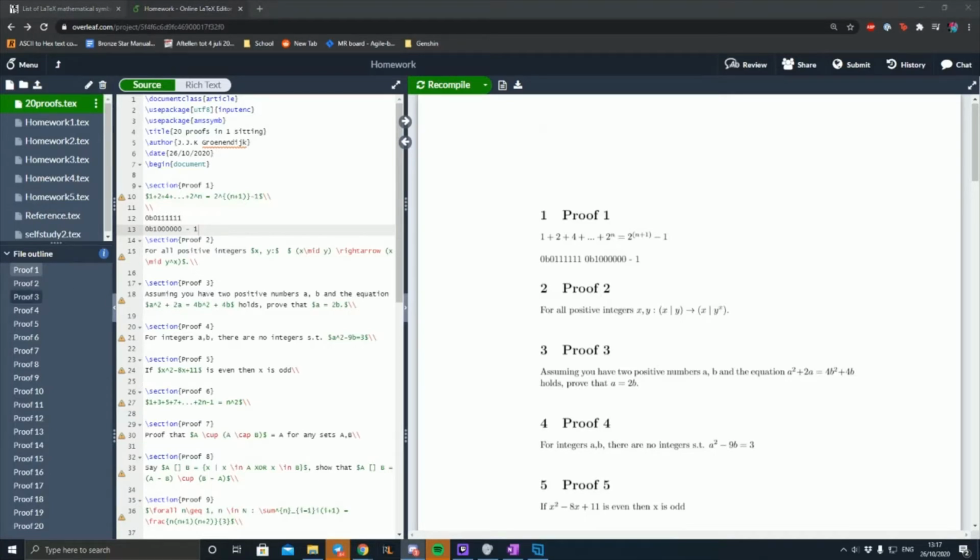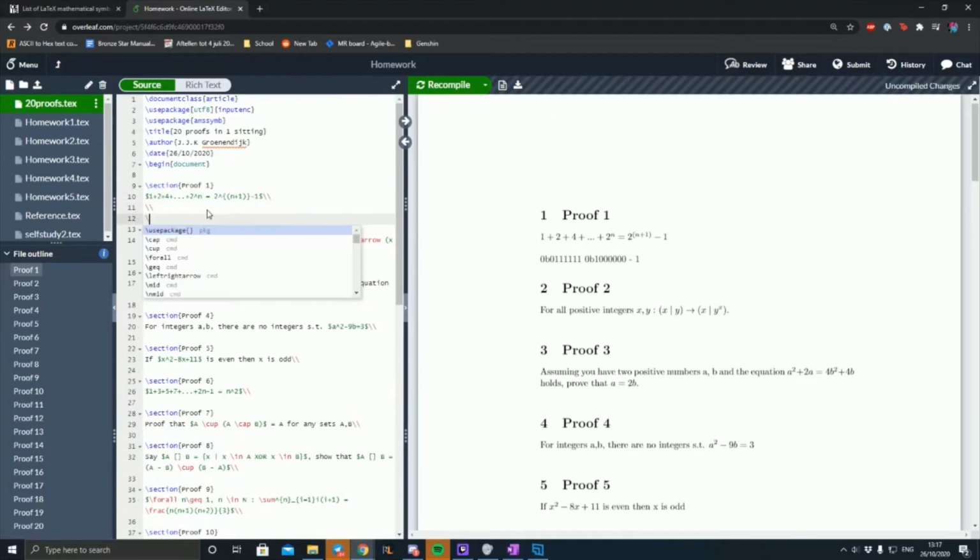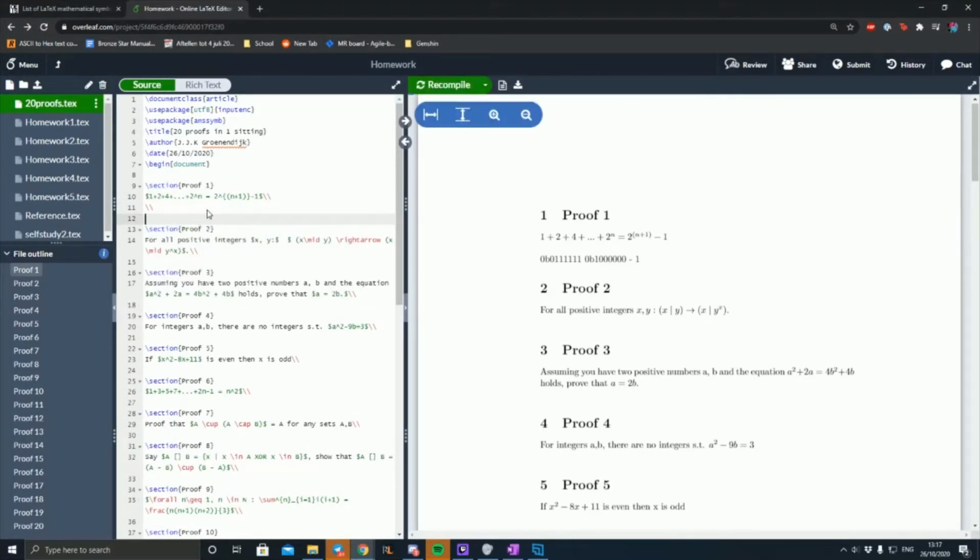When we're working with sums or series, or anything infinite or non-infinite, we want to get started with proof by induction. I think that would be the best way here.